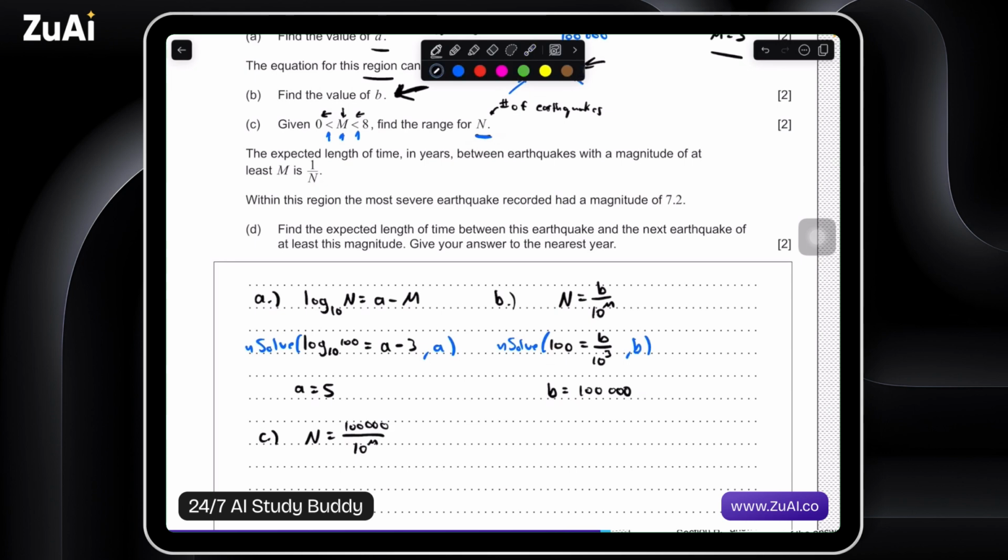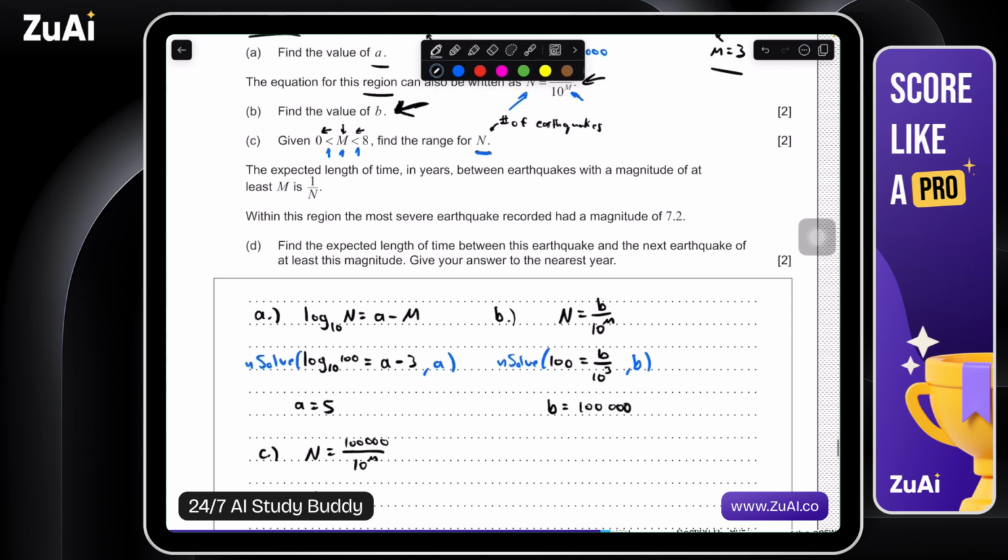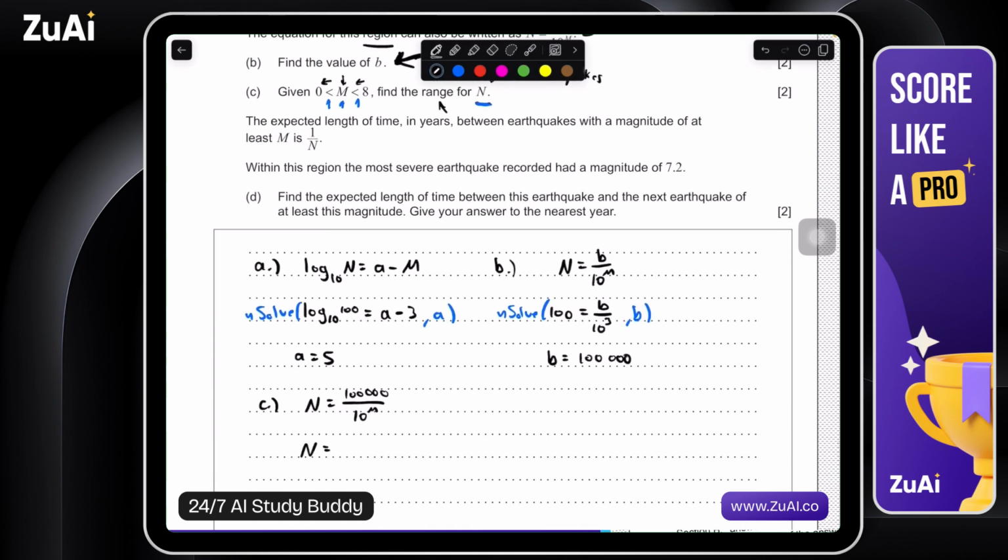So if m is, let's say, equal to 0, let's find the range of n. We have 100,000 over 10 to the 0. You can put this in your calculator. Anything to the 0 actually is just 1. So we have 100,000 over 1.